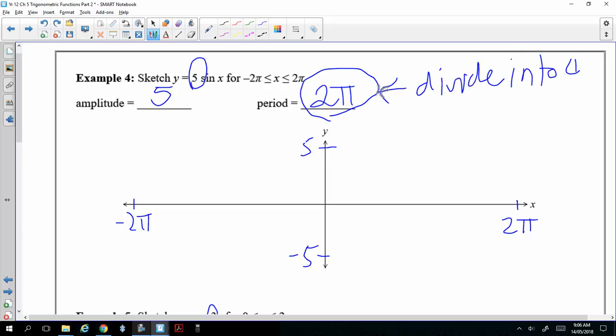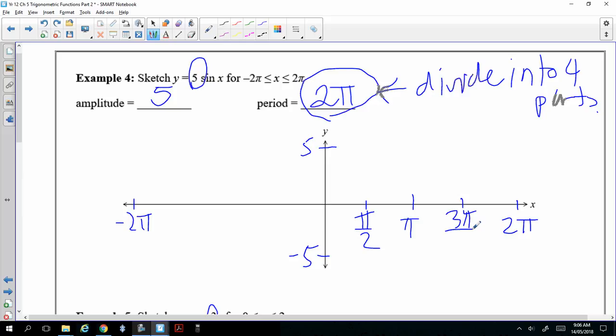So how do you divide into 4 parts? This is easy. All you have to do, you can use a ruler or you can do it by hand. Just go halfway, pi. Easy to get halfway because it's quite easy. And then you just go half again. That's pi on 2. And then half between pi and 2 pi over here. So by doing this, you divide into 4 equal parts.